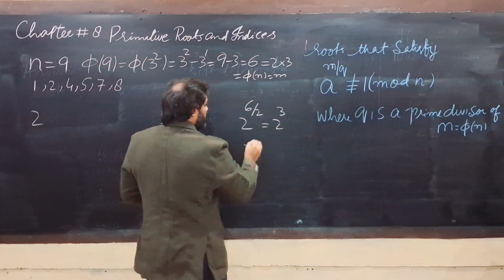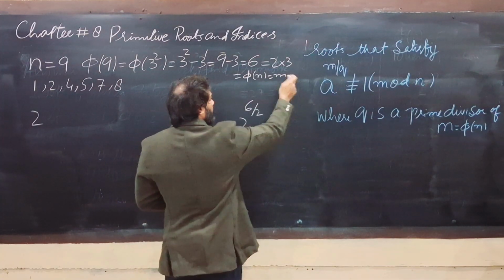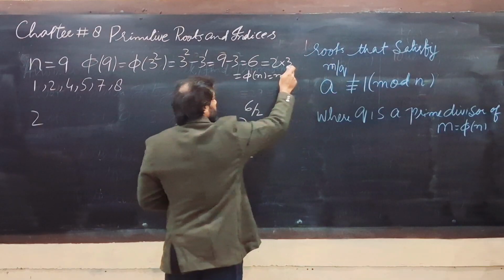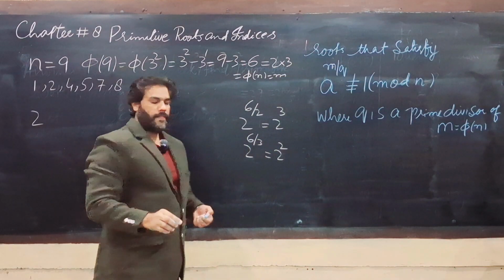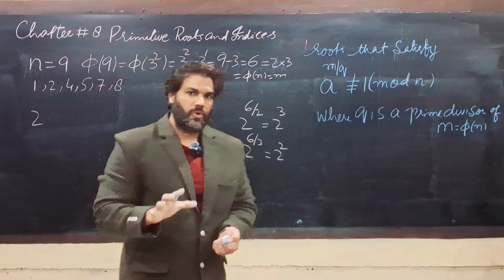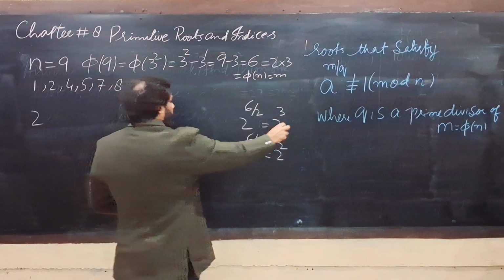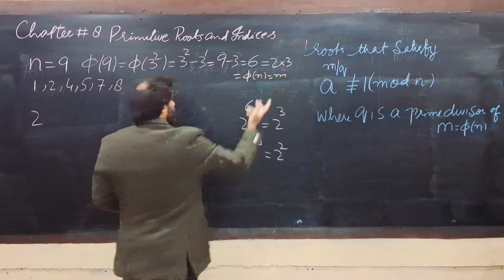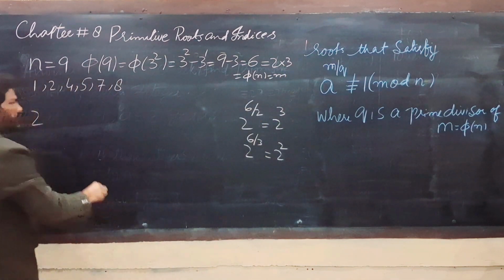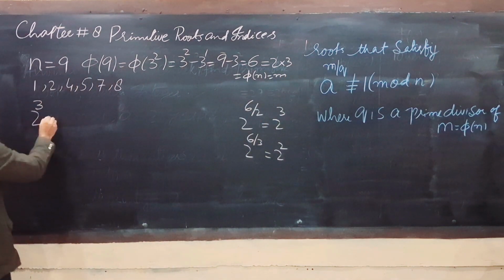When you take the other prime, that is 3, the power becomes 2 square. So you have to check only these two powers.